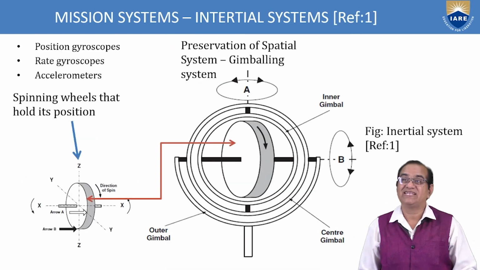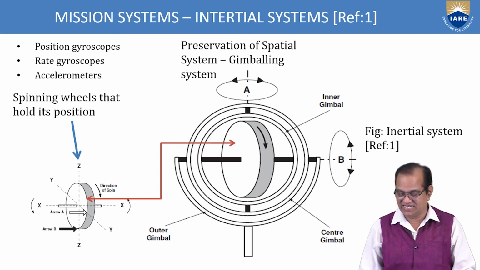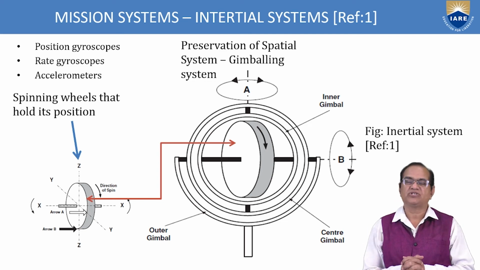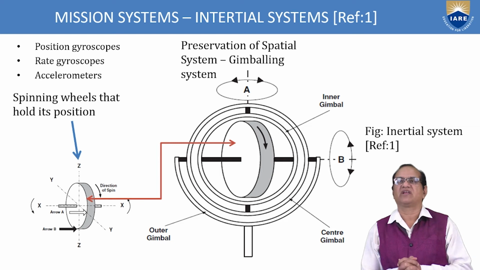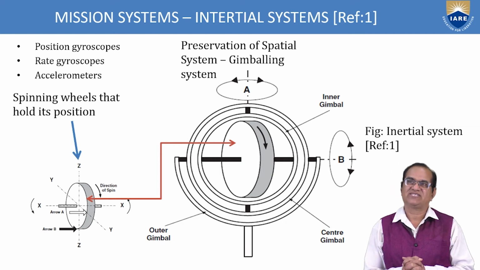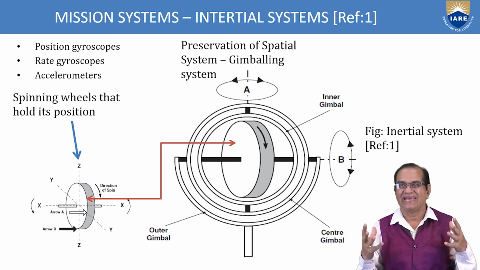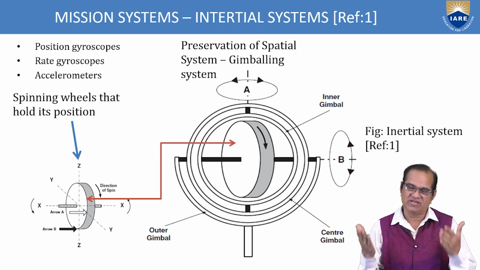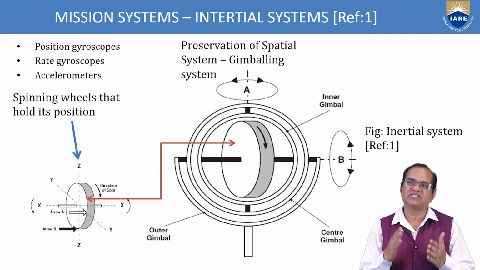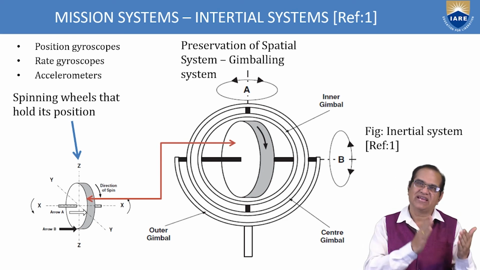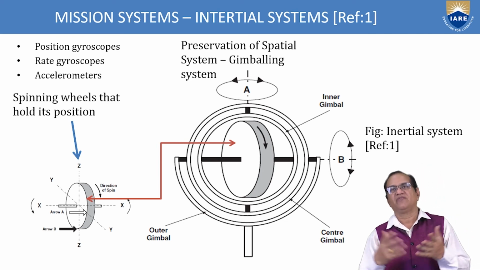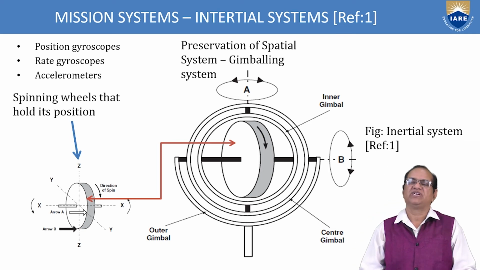Now, the inertial system. Most of the navigation systems are working under inertial systems, and in an inertial system we get the acceleration. From acceleration we can get the velocity, and from the velocity we can get the distance. So in this way we can measure how much it is working.